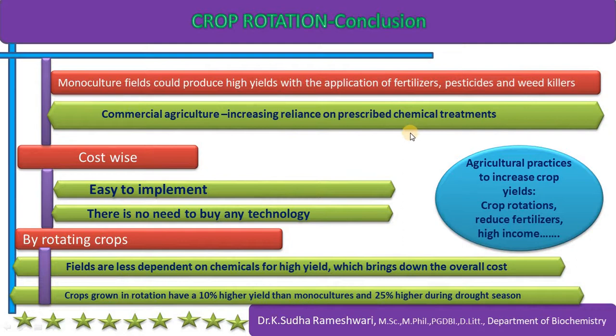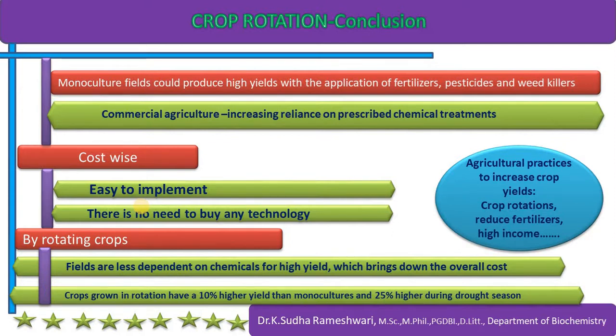A growing consumer demand for organic goods has farmers avoiding chemicals altogether and instead relying entirely on crop rotations to maintain production. Cost-wise, crop rotation is easy to implement because there is no need to buy any technology, and by rotating crops, fields are less dependent on chemicals for high yields, which brings down the overall cost.